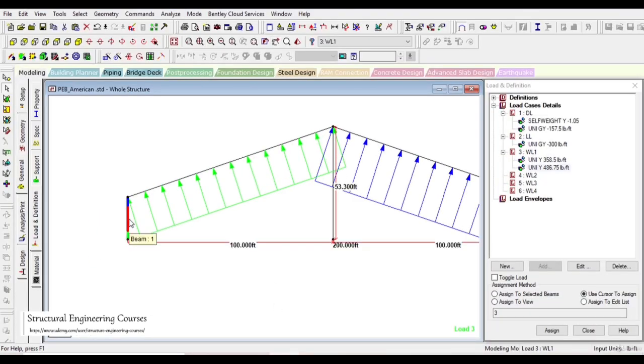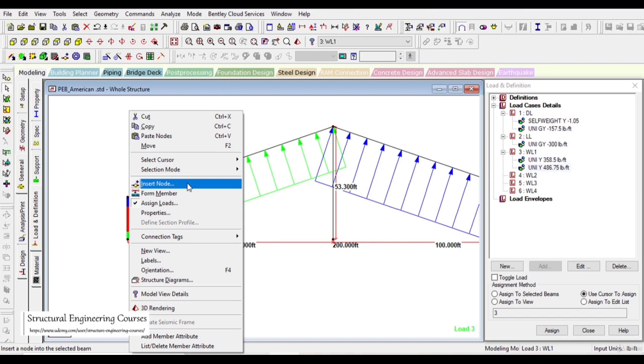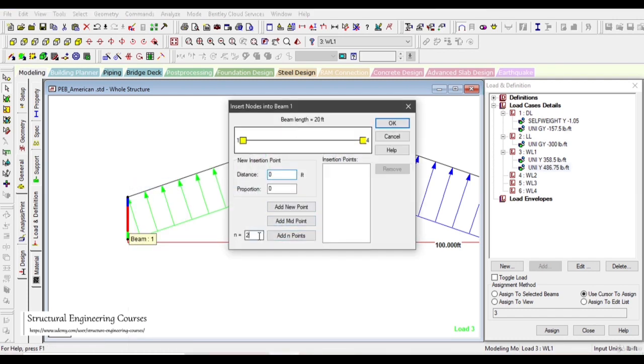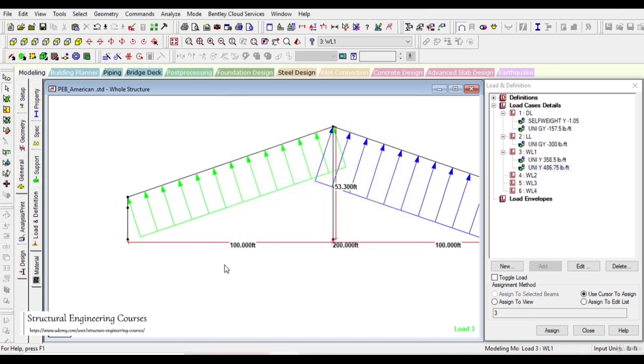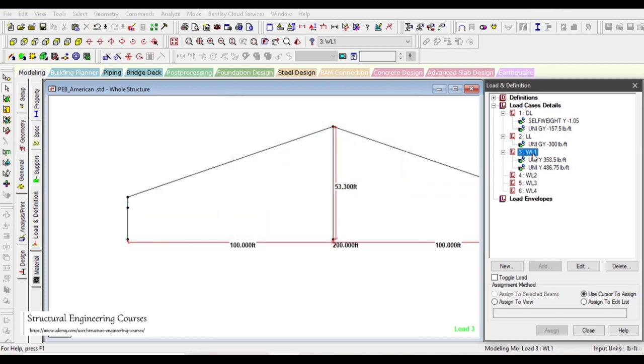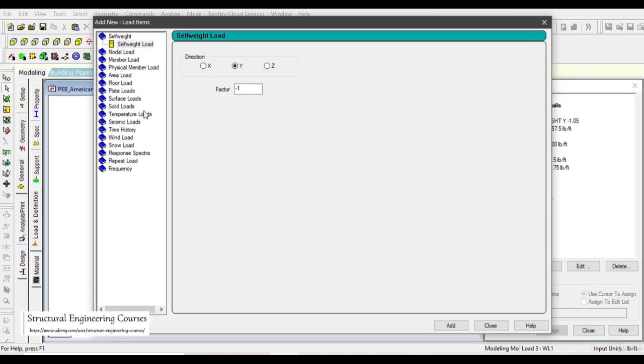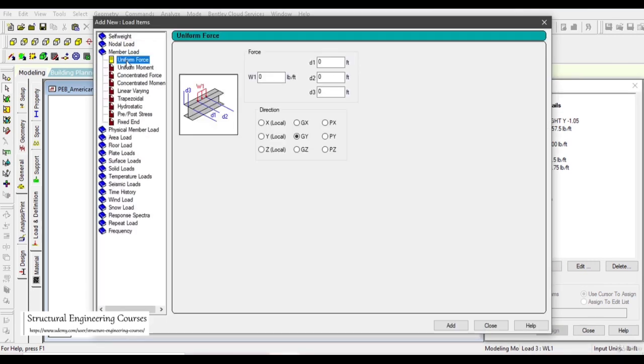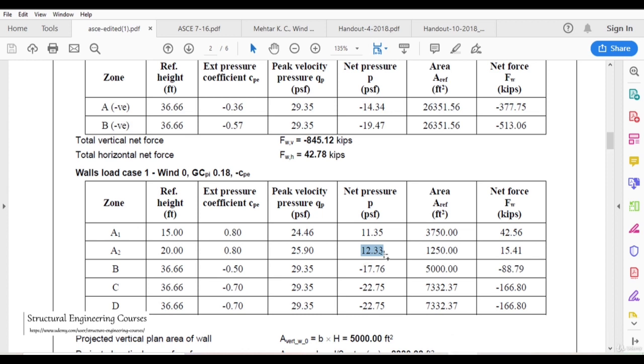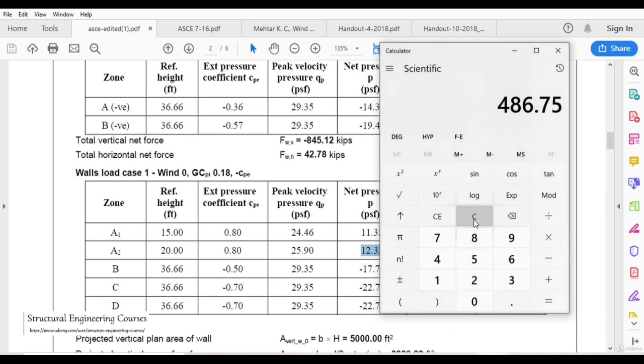So what we can do here is left click on insert node, and enter distance as 15 feet, and after that we can apply a triangular loading or a simple UDL loading. We need to multiply this 11.35 into 25, that is 283.75.